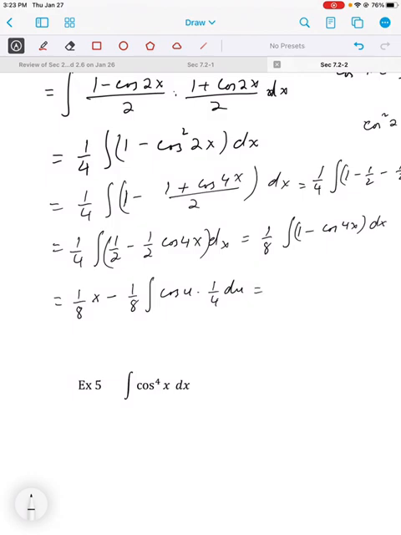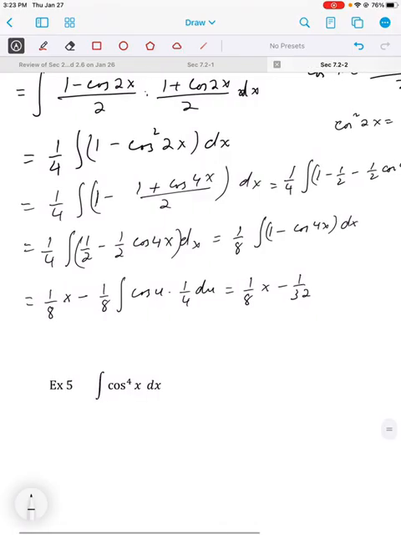So that is 1 over 8x minus 1 over 32 sine of u plus c, which then gives 1 over 8x minus 1 over 32 sine of 4x plus c.